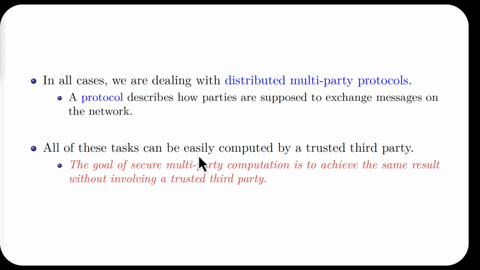In all cases of secure multi-party computation, we need to have something called a protocol. A protocol describes how parties are supposed to exchange messages on the network. Let's assume we have parties A, B, maybe C, D, whatever.